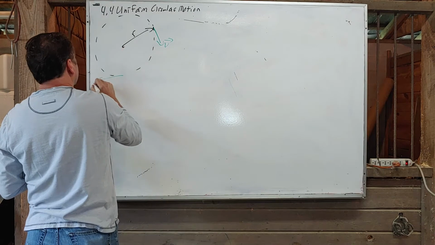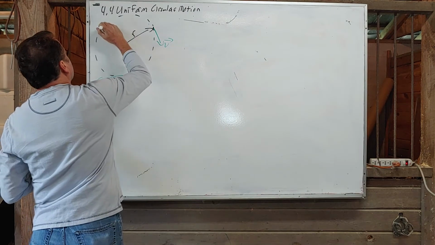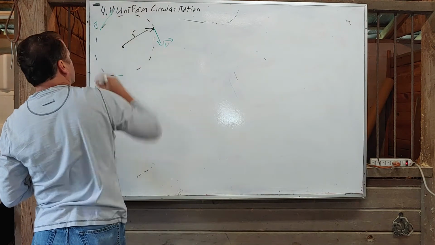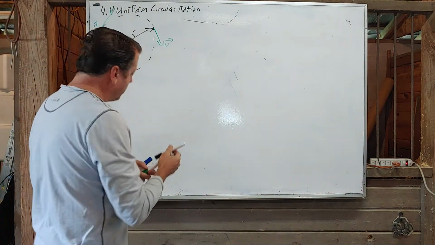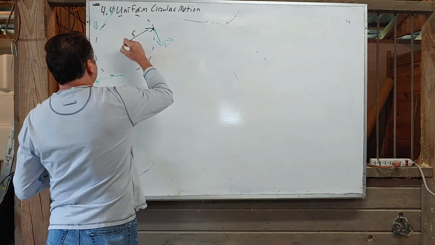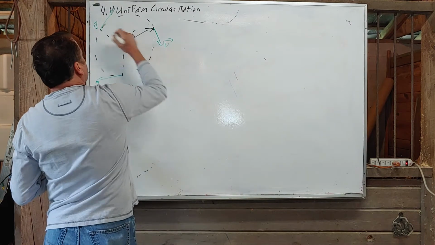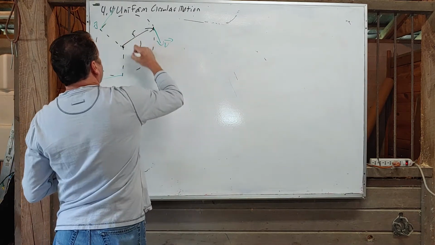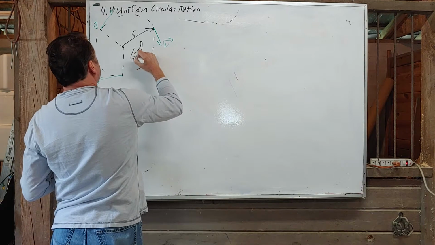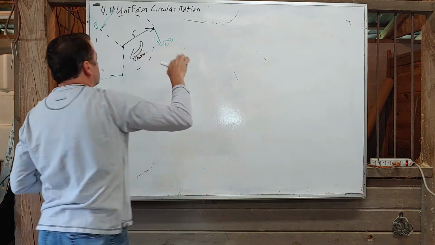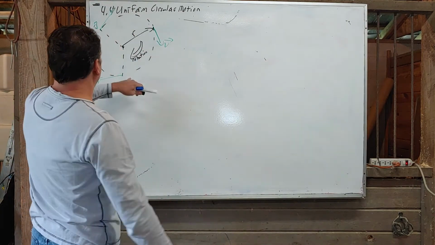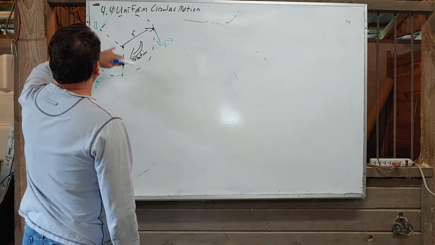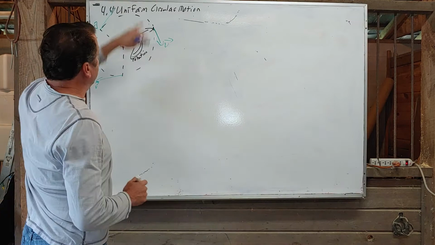At this point, some velocity. At this point, some velocity. In this case, the rotation is that way, so we're spinning around like this. Release it right here, it's going to go straight this way, straight across and up at an angle there.